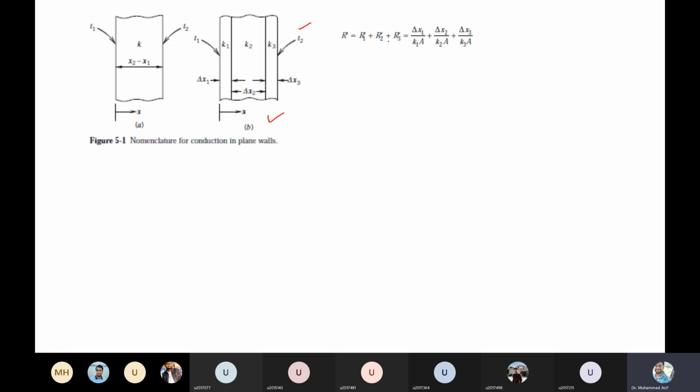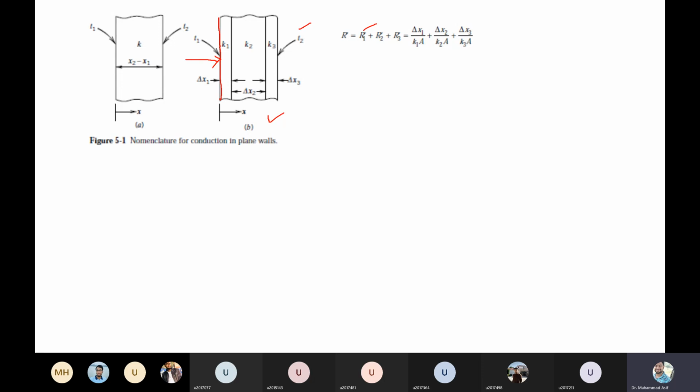So the equivalent or overall resistance is R1 plus R2 plus R3, where R1, as I showed in the previous slide, is delta X1 over K1A. The heat transfer area is the area perpendicular to the direction of the heat flow.